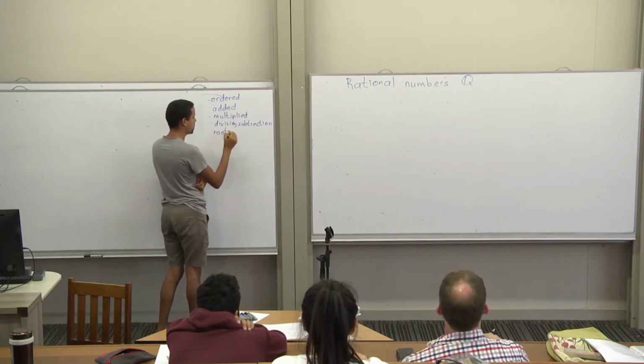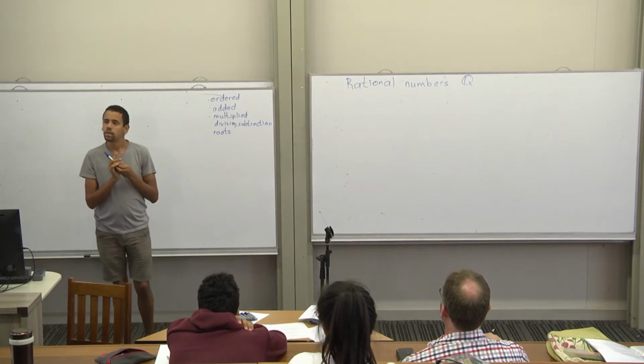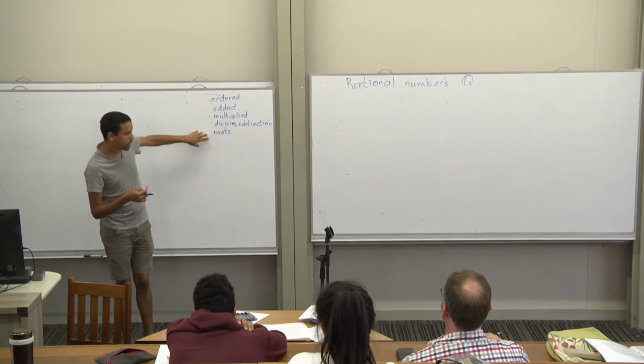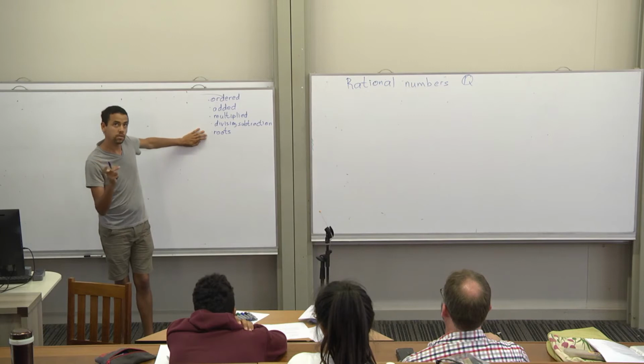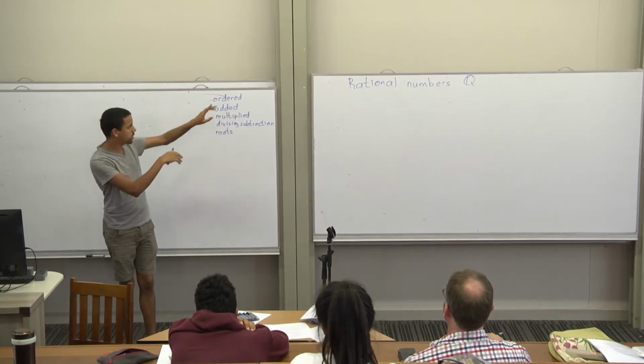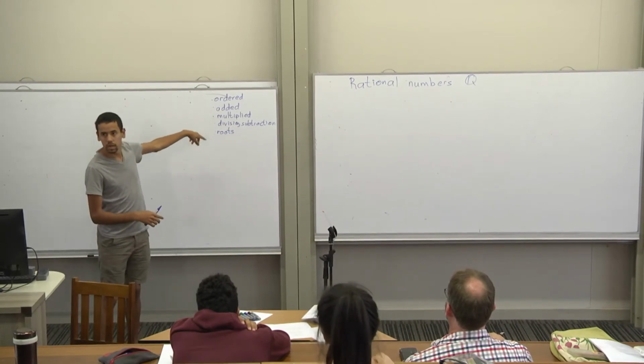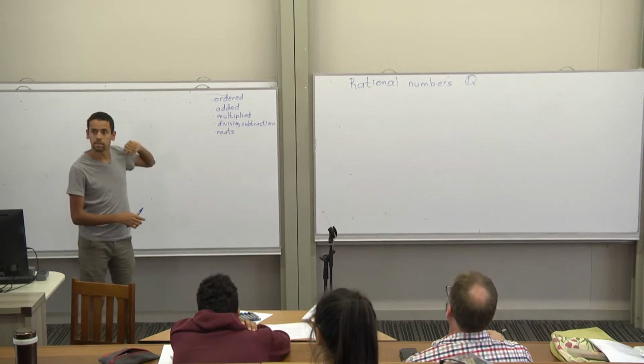So we can have nth roots, however many roots you want. That won't actually get you to all of the algebraic numbers, but it'll at least be bigger than the rational numbers. But this doesn't get you to pi or e yet.